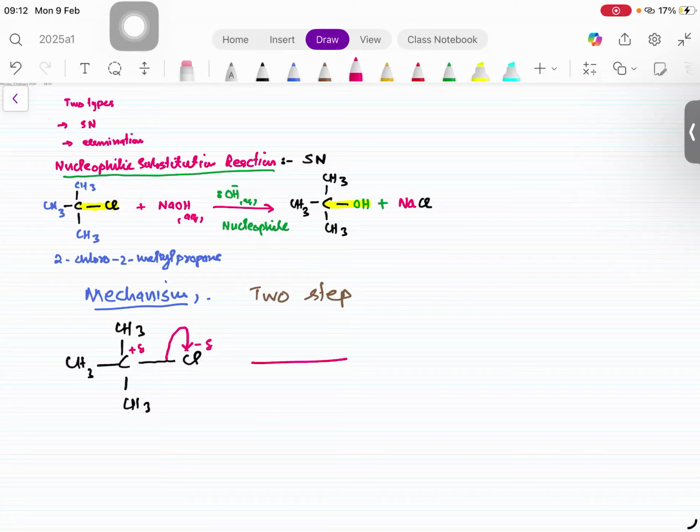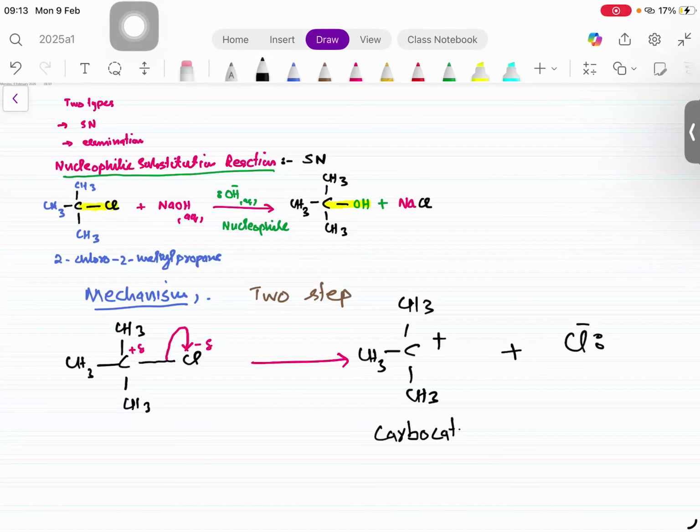As a result, two products form: one positive and one negative. The positive is the electrophile, the negative is the nucleophile. When carbon gets a positive charge, we call it a carbocation. But as soon as we talk about carbocations, the thing that comes to mind is their stability. They are not stable.